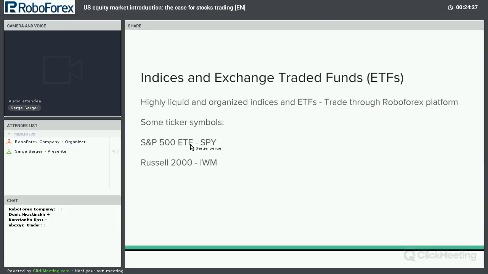But it's not just that. We can also trade some highly liquid and organized indices by way of exchange traded funds, or ETFs. Some of those ticker symbols are, for example, the SPY, which is an ETF representing the S&P 500, or for example, the Russell 2000, which is ticker symbol IWM.